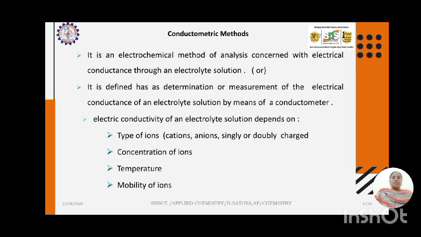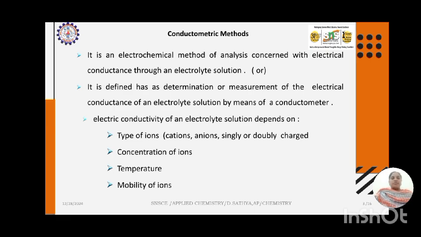It can be noted that the electrical conductivity of an electrolytic solution depends on the number of ions in solution and the charge of each ion. It is an electrochemical method of analysis concerned with electrical conductance through an electrolytic solution. It is defined as the determination or measurement of electrical conductance of an electrolytic solution by means of a conductometer.